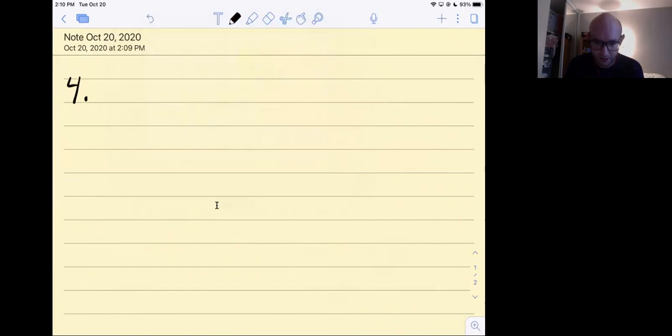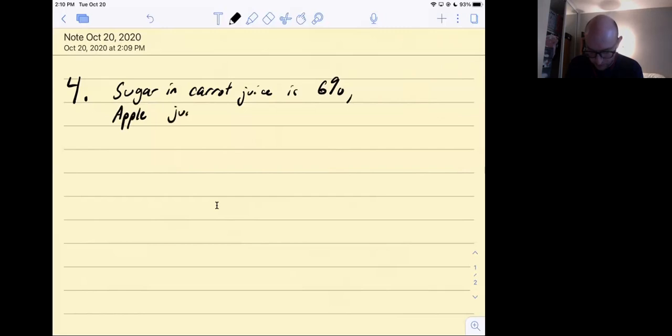The concentration of sugar in the carrot juice is 6%, and in the apple juice is, oh sorry, 14%.